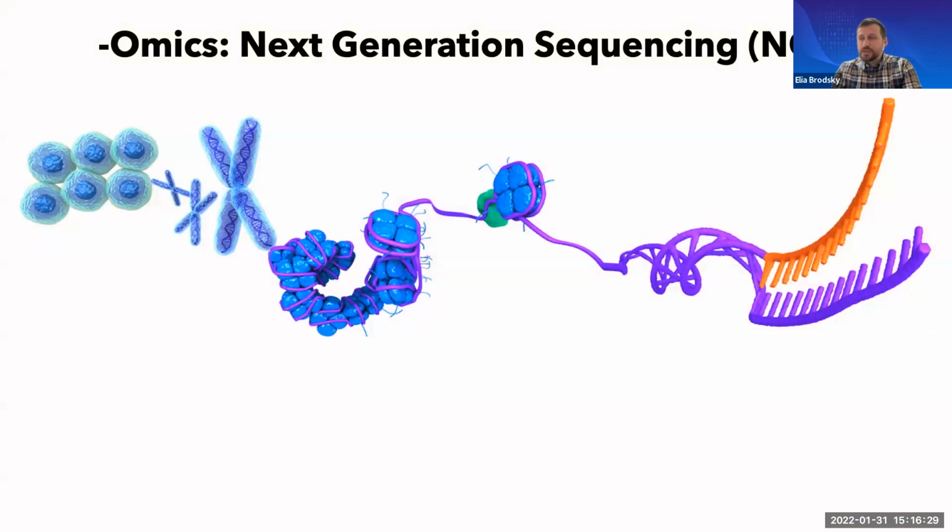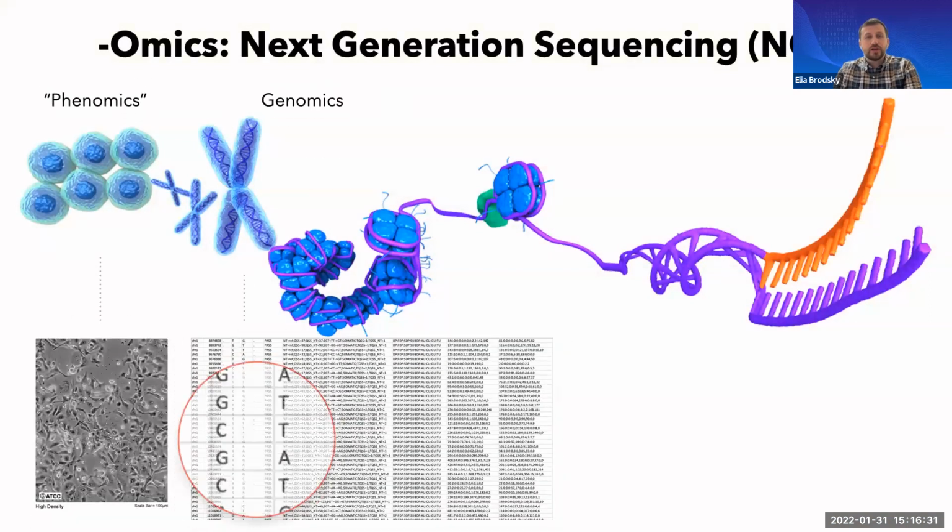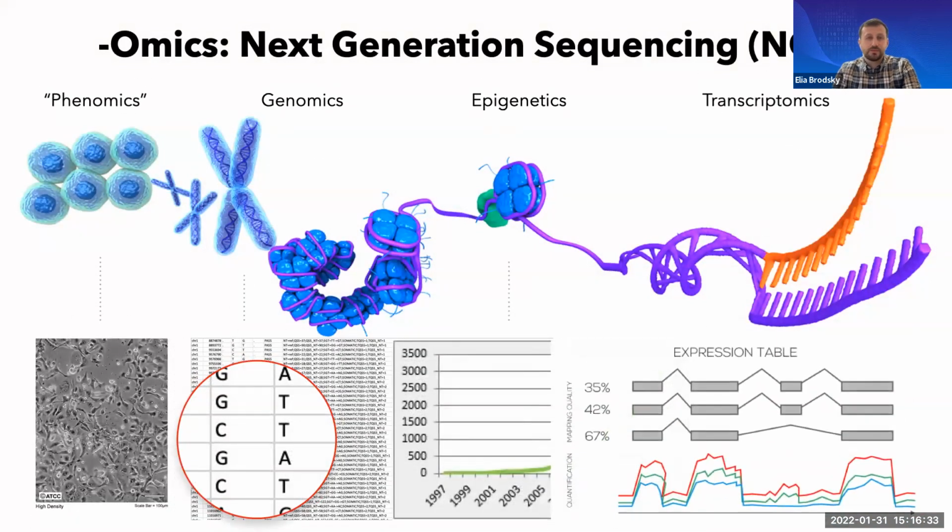Omics data represents many different types or collections of different types of data. So for example, we can say phenomics or genomics, epigenomics, transcriptomics, metagenomics. When we say those words, we're referring to collections of data, and those collections of data represent some very specific things. So for example, when we say phenomics, we typically can mean some kind of a visual, maybe morphological characterization of data.